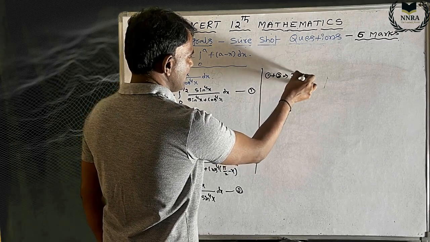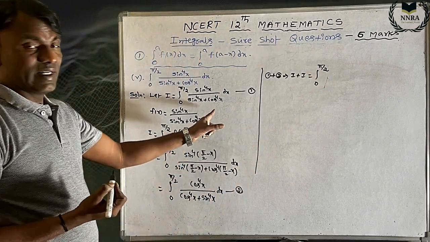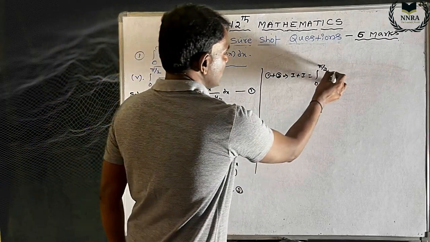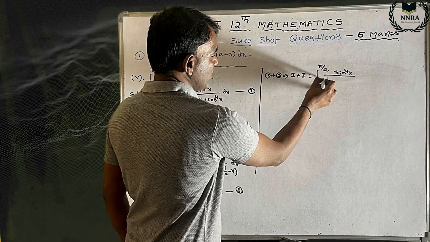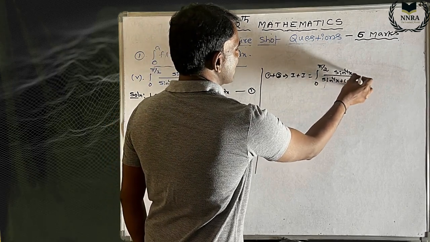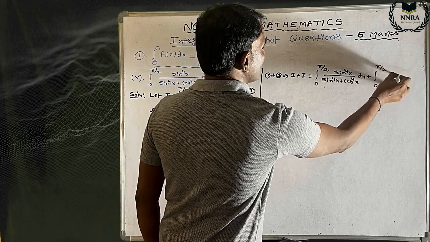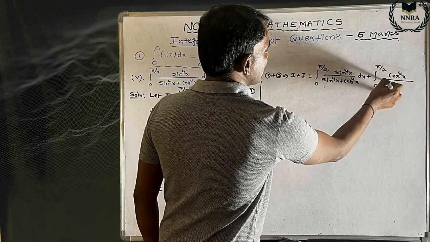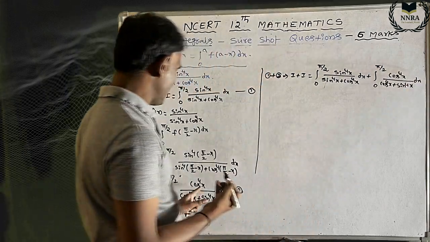So I plus I, and the first term means the first function, that is the right hand side value of equation number 1. So 0 to pi by 2, sin^4 x, right? Denominator sin^4 x plus cos^4 x, then dx. And the second value again 0 to pi by 2, cos^4 x, and the denominator is cos^4 x plus sin^4 x, so the numerator is cos^4 x only.